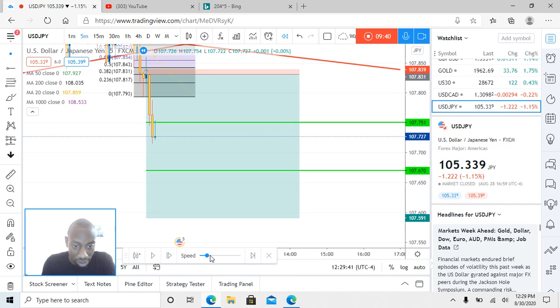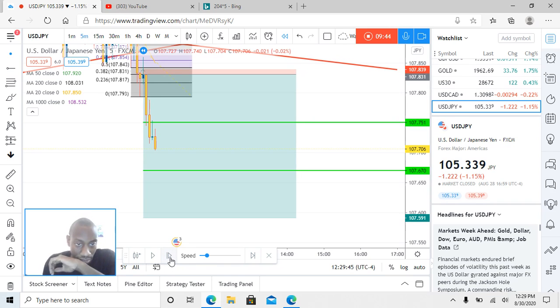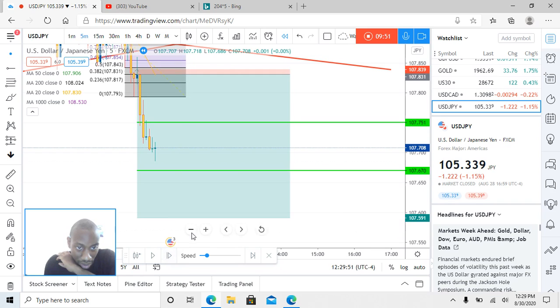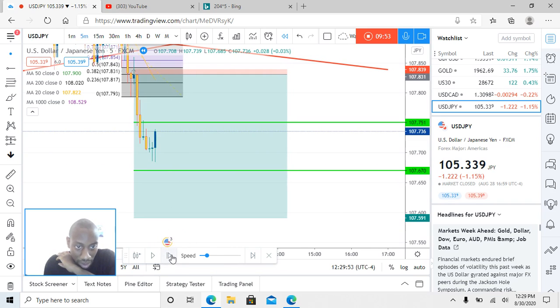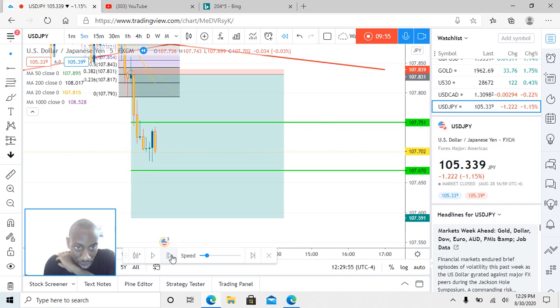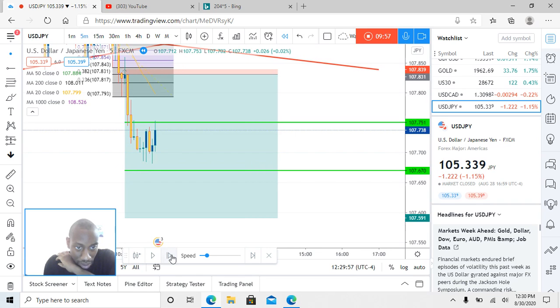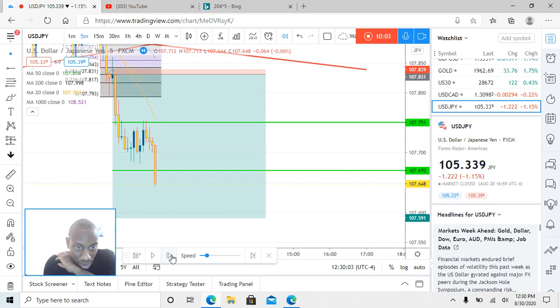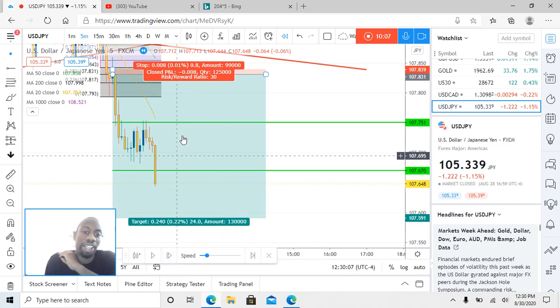So we had that little dip right there. All right. See if we get that second position. Where is it? All right, so we got TP2 right there.